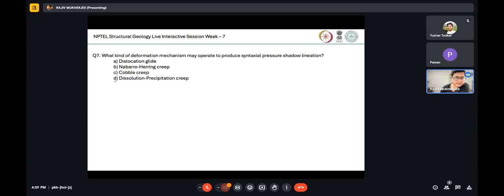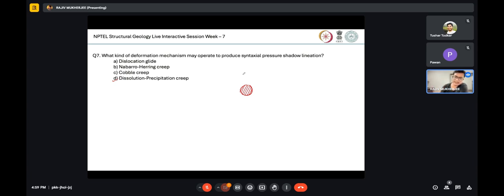Exactly, dissolution precipitation creep. Because if you think about the process, so you have a clast, a rigid clast, which is not deforming. Remember, whenever we're talking about the formation of pressure shadow lineation, we talk about the deformation of the fringe, rotation and deformation of the fringe, and that is how the geometric characterization of the pressure shadow lineation is being done.